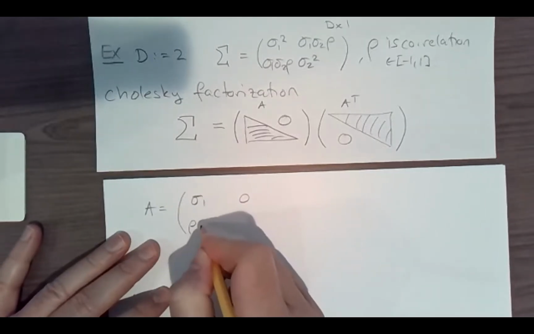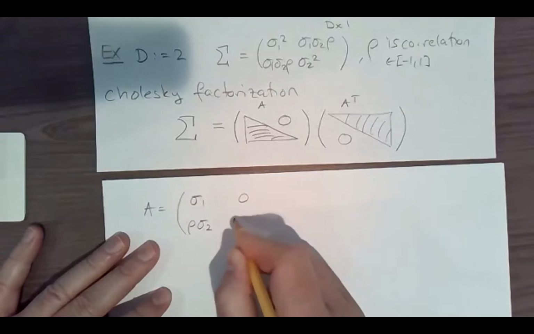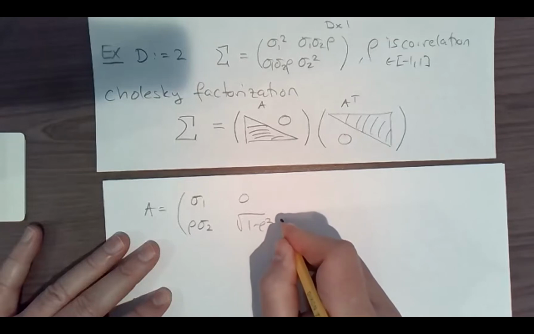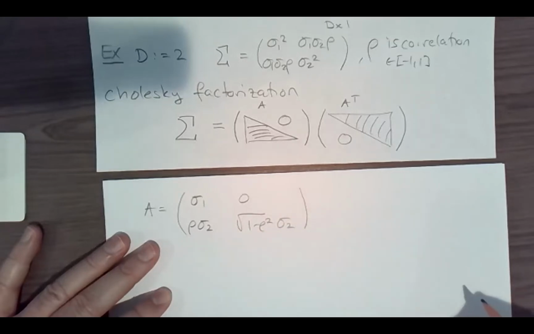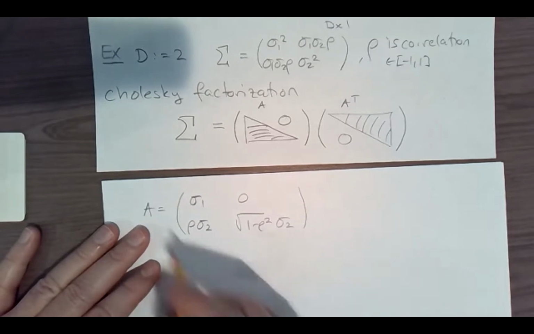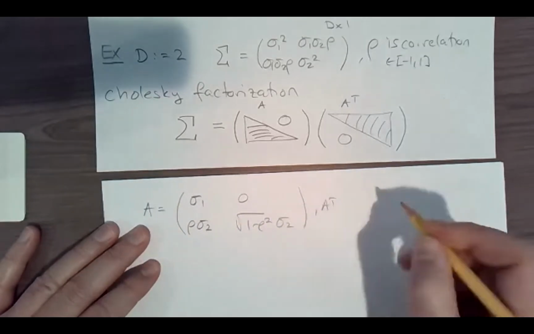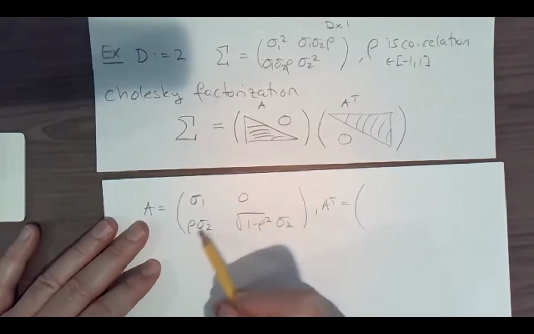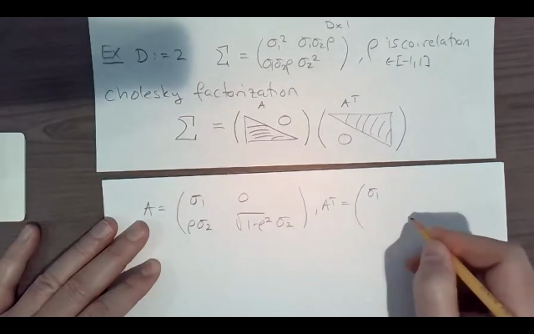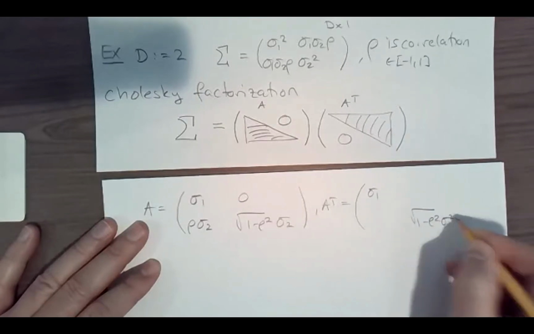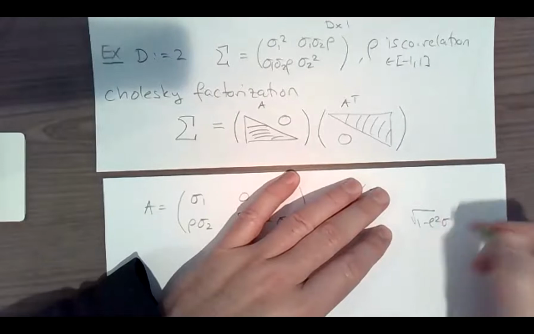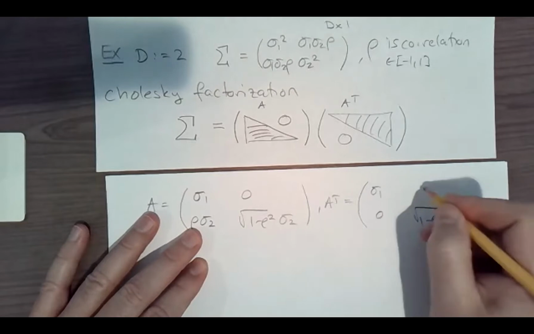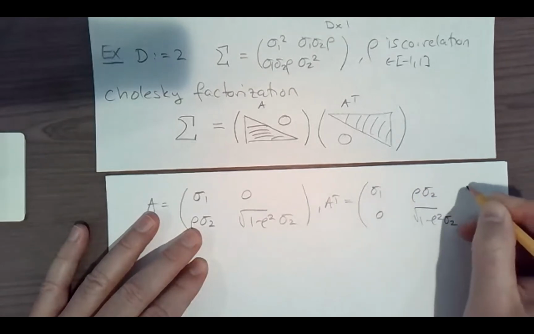And then down here we'll have rho sigma 2, and then root 1 minus rho squared, sigma 2. That's our guess for how it should look. And then of course A transpose: you just move this one up there and the 0 down there, with the same thing on the diagonal, a 0 here, and rho sigma 2 up there.